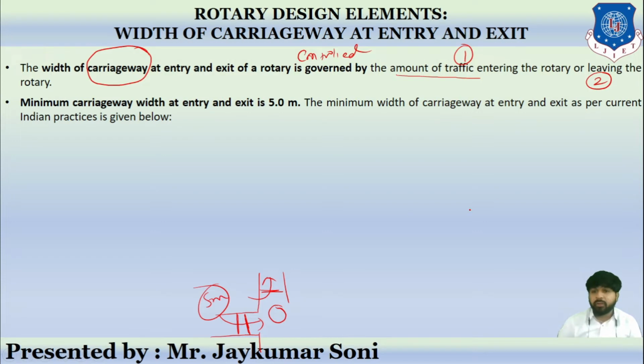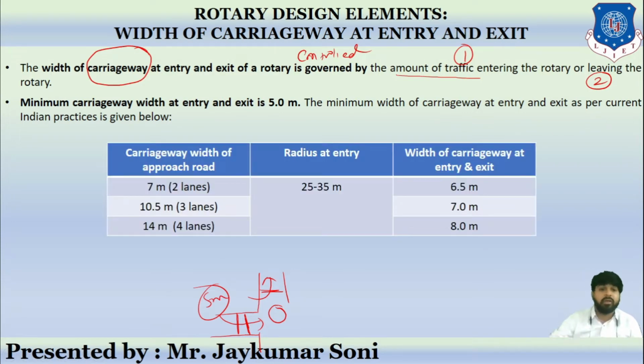And the minimum width of carriageway at the entry and exit as per current Indian practice is given below. If the approach road carriageway width is 7 meters, meaning it is 2 lane without curves, and the radius at entry is in the range of 25 to 35 meters, then the width of carriageway at the entry and exit should be 6.5 meters.